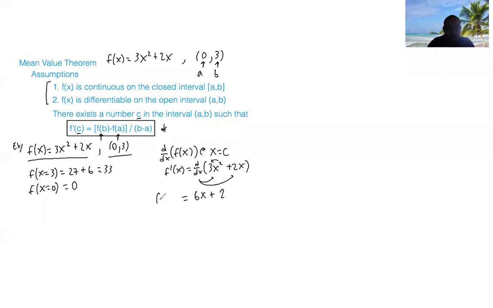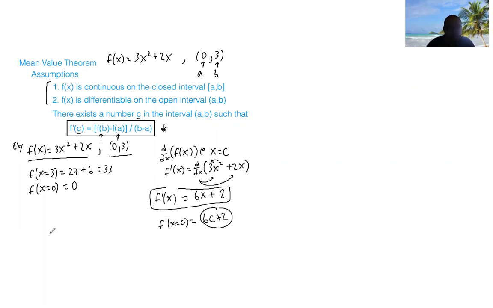Okay, so here is your derivative of your function, for starters. And now let's evaluate this thing at x is equal to c. So wherever you see an x, replace it with a c, right? So now you have the left-hand side of this equation. Now let's just plug everything in.